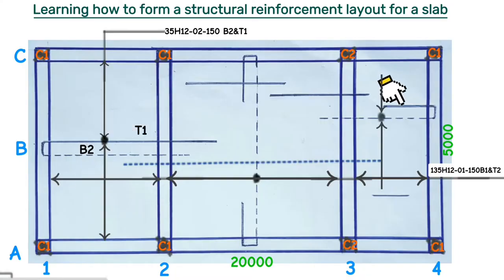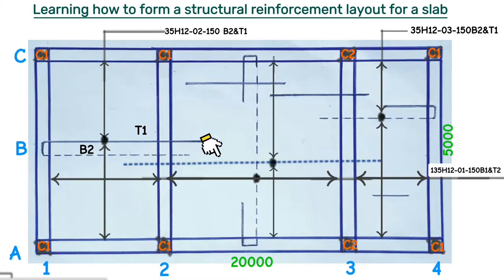Same this side also. This is 35 steel bars of H12, bar mark 03 at a spacing of 150 mm center to center for bottom 2 and top 1. We then have this steel bar which connects the 2 steel bars, and this will be 35 steel bars of H12, bar mark 04 at a spacing of 150 mm center to center for only bottom 2.